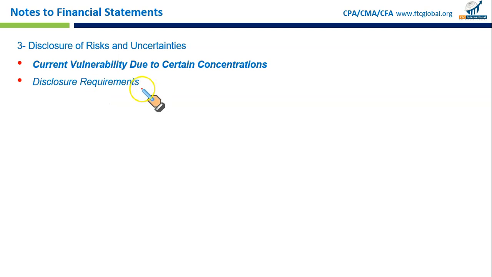So US GAAP says that if 3 conditions are present, then you need to disclose about this concentration risk. First, the concentration is still present. Second, the concentration could cause a major problem for the company, right? And third, it is likely that something could happen in the near future that would make the concentration a serious problem.